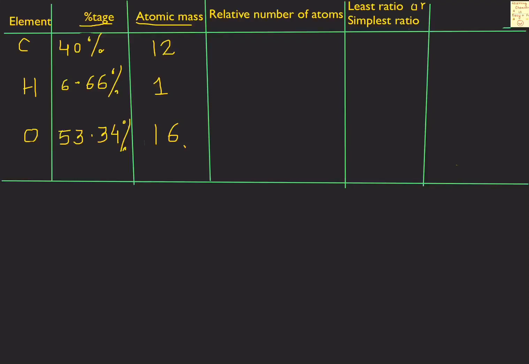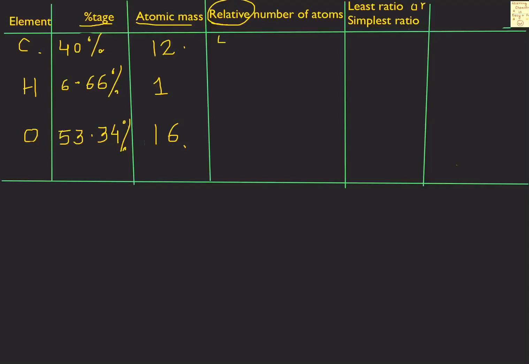it's a bit wider. Why? We're going to do some calculations over here. We've got to find out the relative number of atoms. That means corresponding to this percentage and this atomic mass, what will be the number of atoms of carbon in the compound.